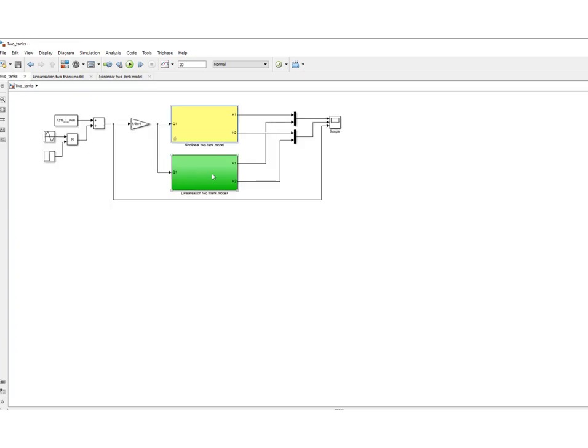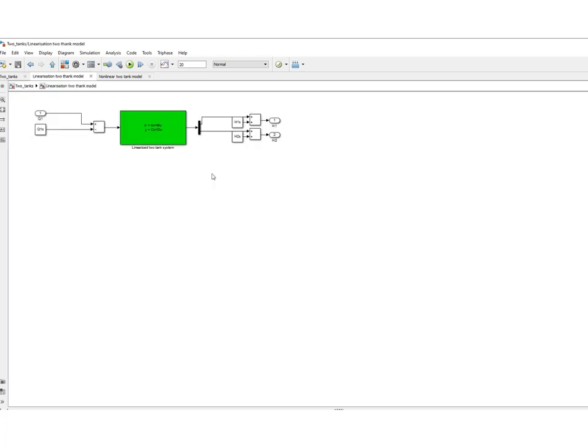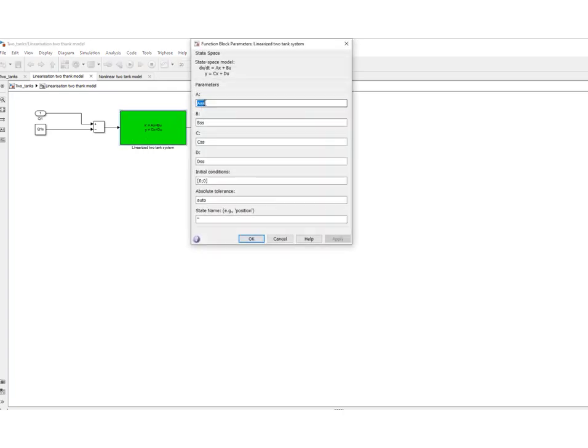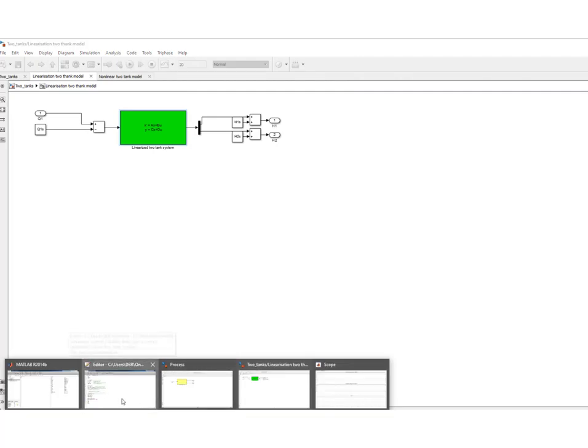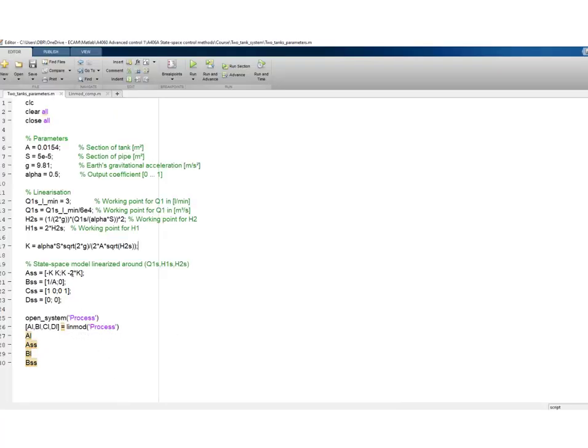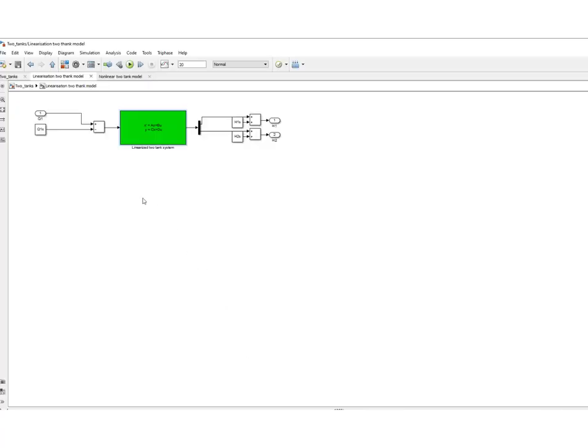Here we have the linearization, and here we use a state space description. Okay, and what we use here are the matrices A, B, C, and D that have been computed and that are given here in the M file. Okay, so A, B, C, and D, right? It's very important when you use linearization that what this state space description sees is delta Q1.